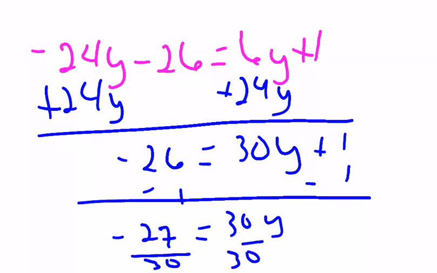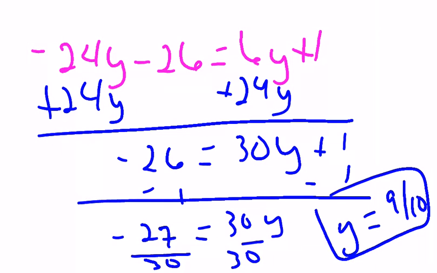So we have negative 27/30, but that does reduce because 3 can go into both. And so if we divide both of those by 3, then we get 9/10. So y equals negative 9/10.